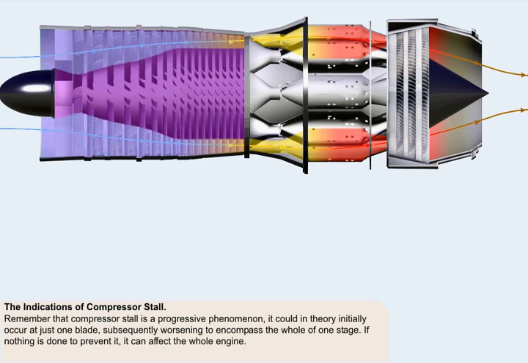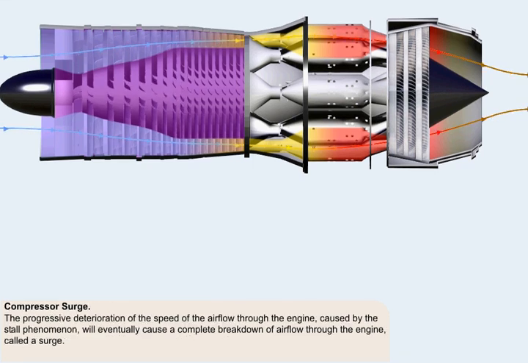It could, in theory, initially occur at just one blade, subsequently worsening to encompass the whole of one stage, and then, if nothing is done to prevent it, it can affect the whole engine. The progressive deterioration of the speed of the airflow through the engine caused by the stall phenomenon will eventually cause a complete breakdown of airflow through the engine, which we said was called a surge.